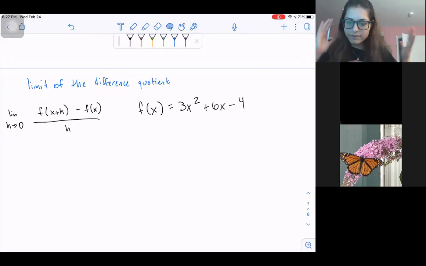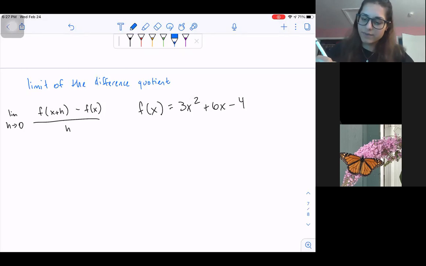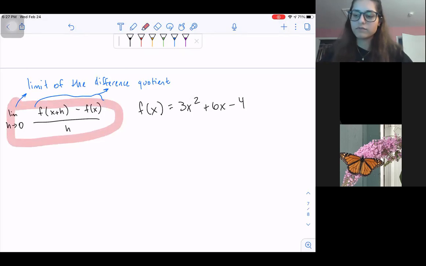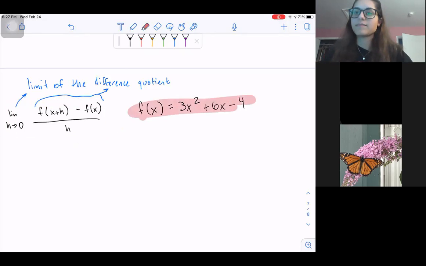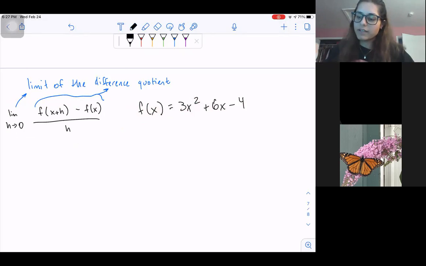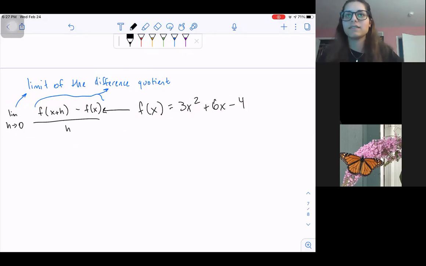Okay. They've given us this, we need to solve for the limit of the difference quotient. Remember, the difference quotient is this piece right here, and then we have the limit, right? Limit of the difference quotient. And this is a very general formula. This part is very specific to the problem. So when we have this f of x, we want to plug in f of x right here and f of x plus h for that first part. So we need to calculate f of x plus h.